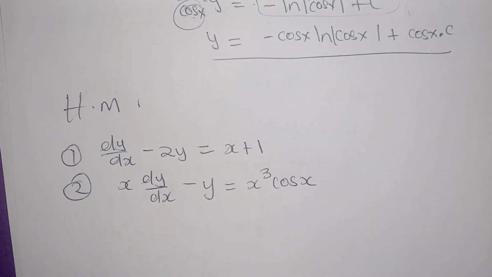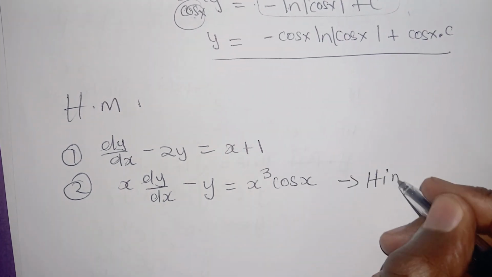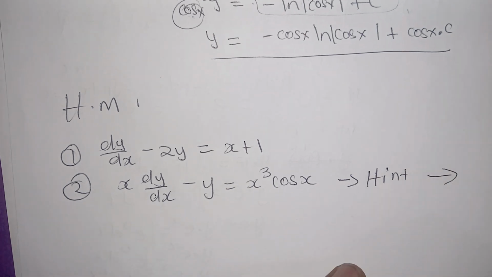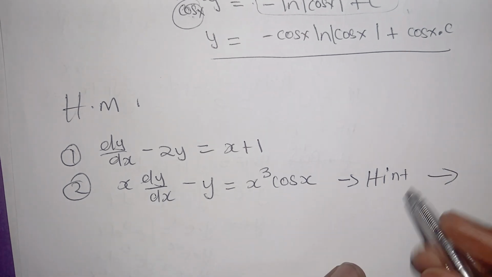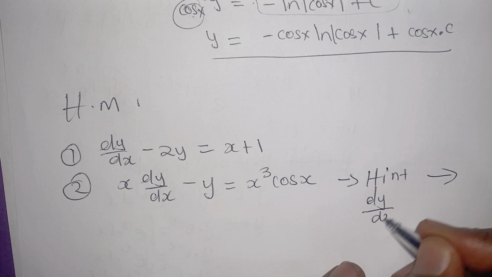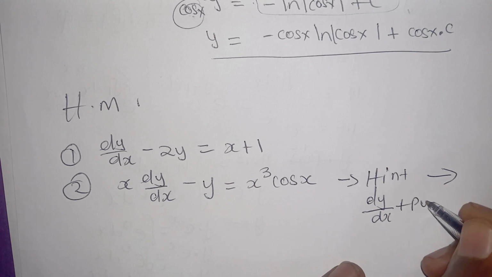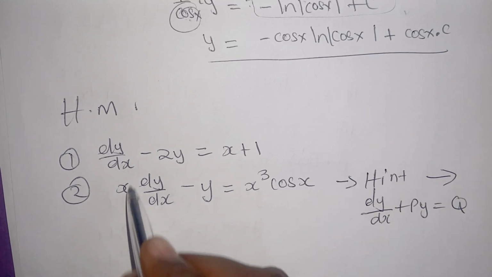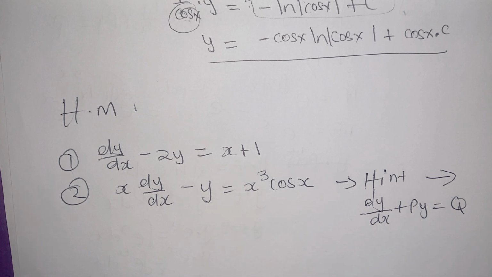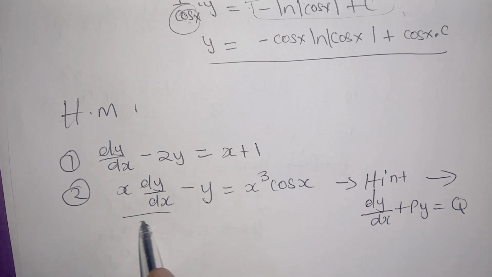First things first here, the hint. You have to put it in a standard form first. The standard form is dy over dx plus py is equal to q. So put this in a standard form. Do the dividing, do anything that will leave you in a standard form, right? You can divide throughout by x.